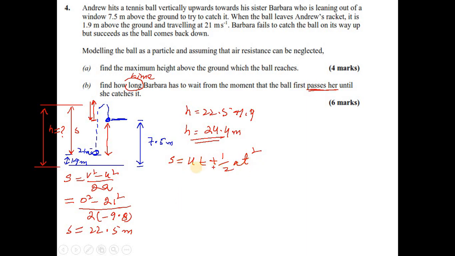Now if you use this equation, look at the situation. In this case S is 7.5 minus 1.9. If you do that, then S would be equal to 5.6. So you can use the second equation. You can say that 5.6 is equal to 21t plus half A, where A is 9.8, and it is going up, so it is minus 9.8 t squared.